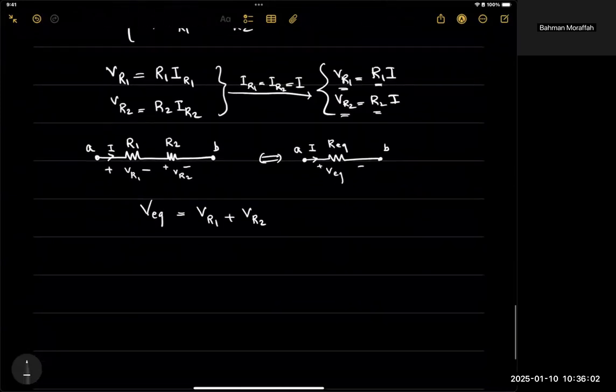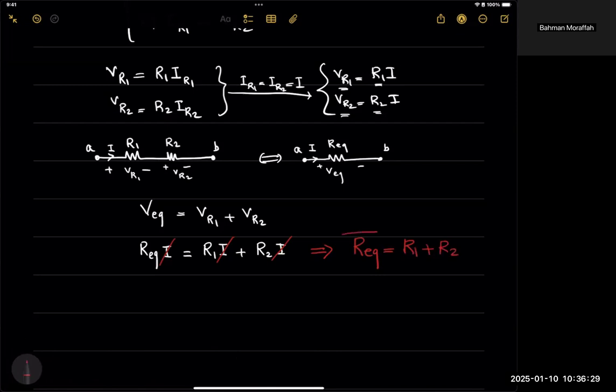So if I write Ohm's law for each one of these equations, for this one I have R equivalent times I equals R1 times I plus R2 times I. Since the I's are the same, I can cancel them out, and what I end up getting is R equivalent is R1 plus R2. So if I have two resistors back to back, I can replace those two by the summation of them.